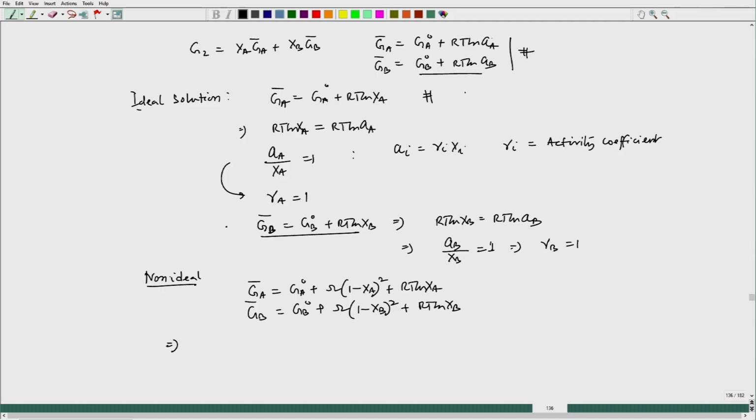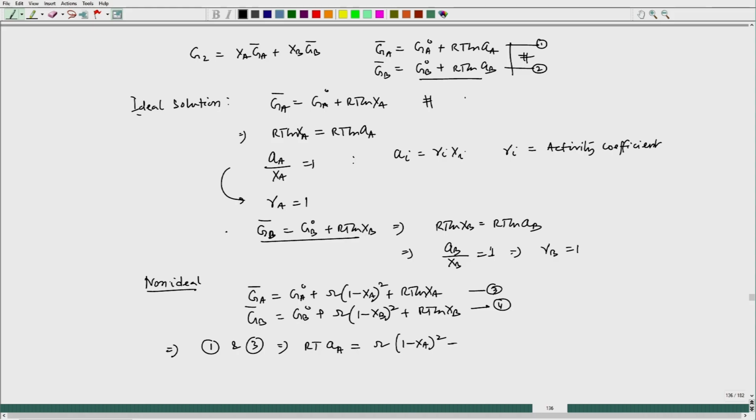Let us say these are equations 1, 2, 3 and 4. If we compare 1 and 3, we can say that RT ln Aa should be equal to omega (1 minus Xa) squared plus RT ln Xa.